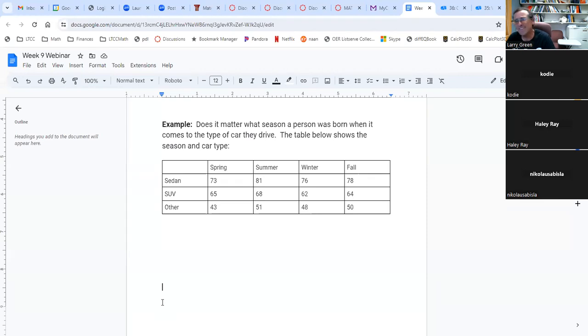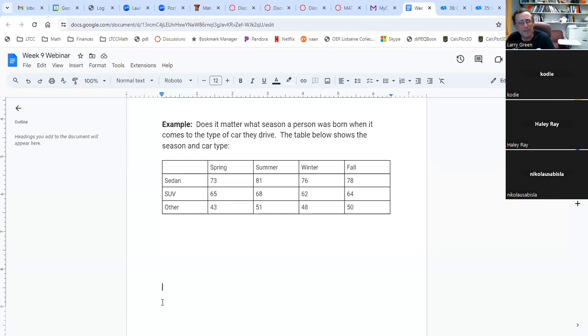This is not about correlation and causation. Next week we'll do correlation, not this week. Correlation does not imply causation, but that's not this stuff. Right now, we're just seeing two different variables.